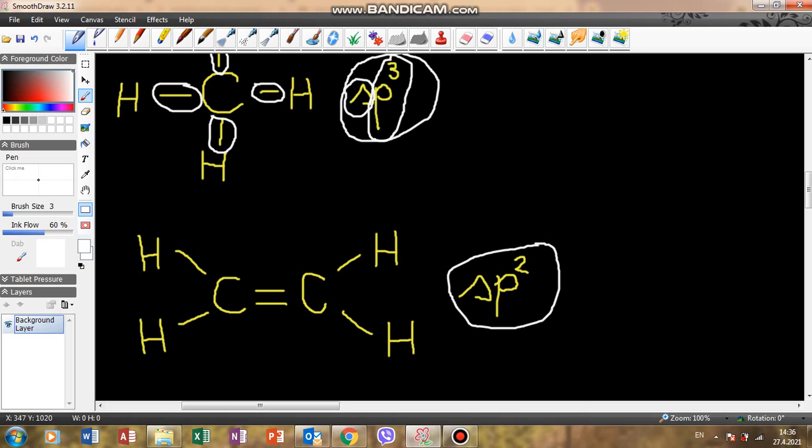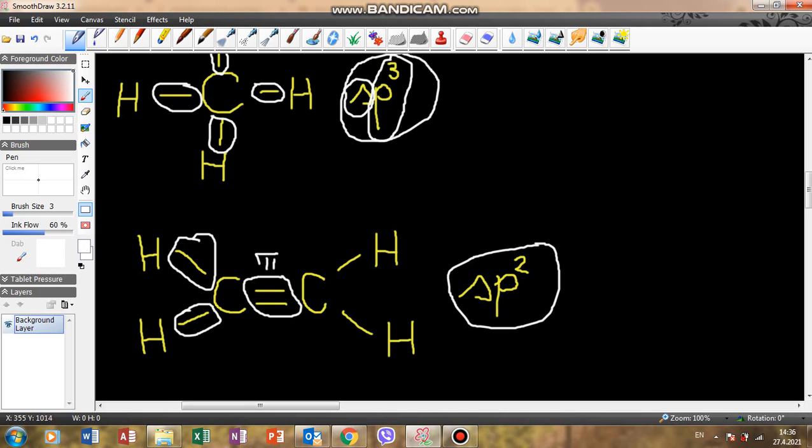So how can you recognize sp2 hybridization? You have 3 electron density areas around carbon atom in this type. Or precisely, you have 3 sigma bonds and 1 pi bond.